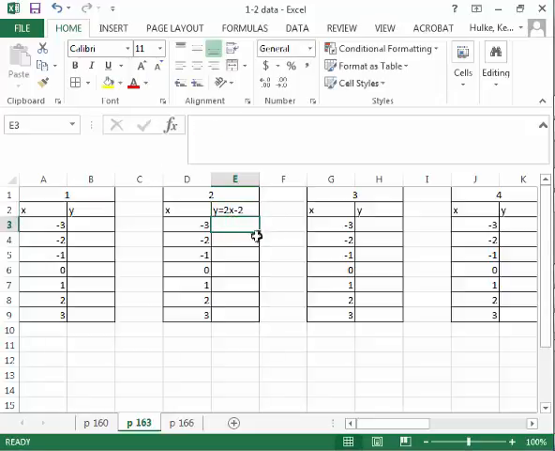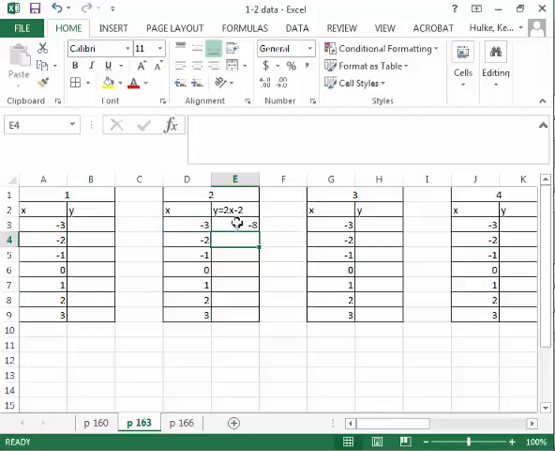Okay, and what I'm going to do is I'm going to take 2 times, because if you notice, it's 2 times the x. So I'm going to click on the x box. Oops, I forgot to put in equals. The only way Excel works is if you put in equals first. 2 times the x box, subtract 2.